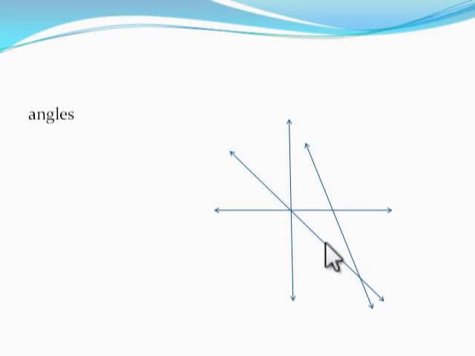How about this one and this one? They're vertical. And remember, that means they're also congruent to each other, or they're the same size. We could also say this one and this one. They're vertical and they're acute. They're both smaller than 90 because they're the same size, so they both are.